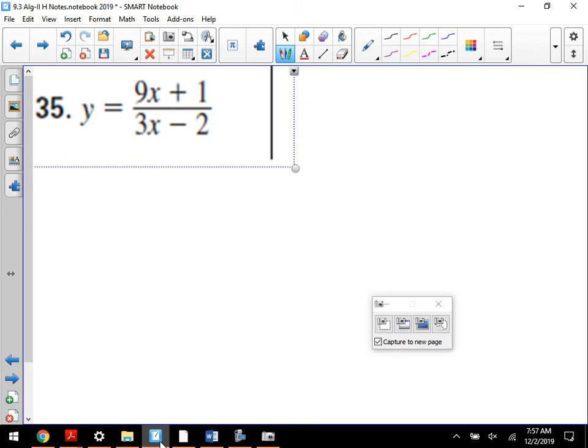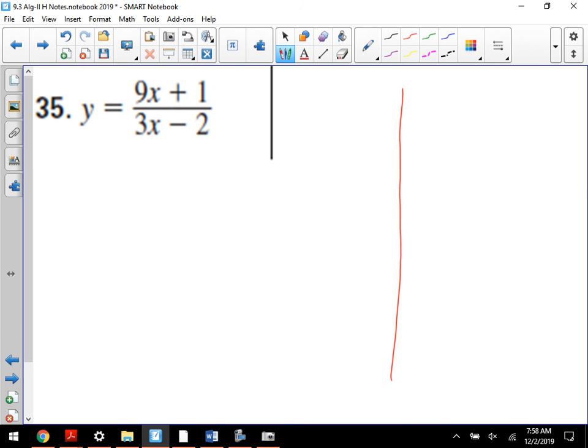So you've got to figure out where the 0 of the denominator occurs. So you set it equal to 0, add 2, divide by 3, you get 2/3. Okay. So the vertical asymptote was at 2/3.